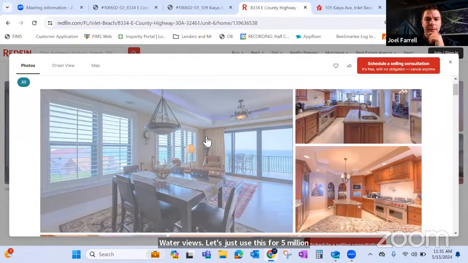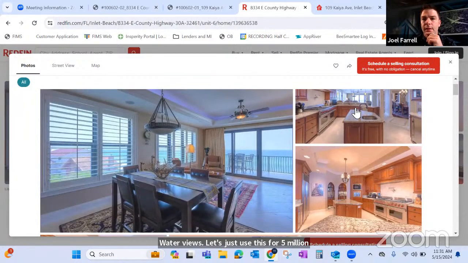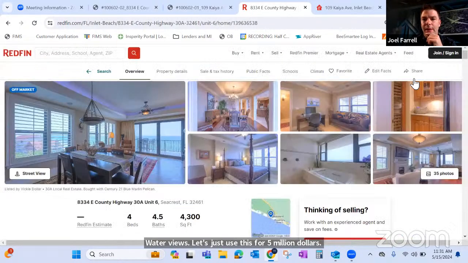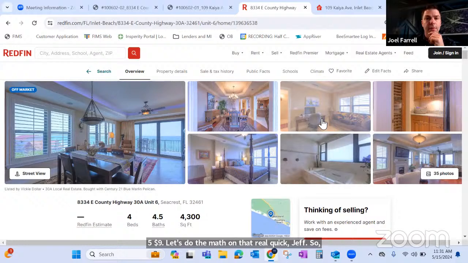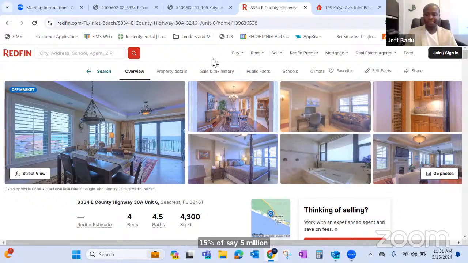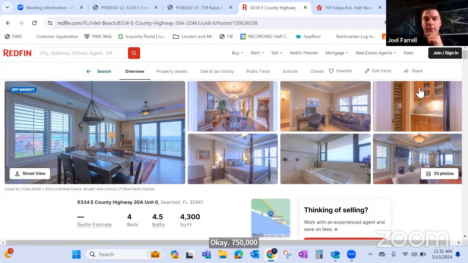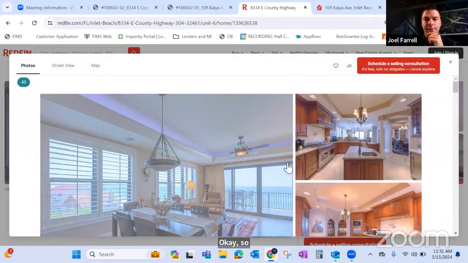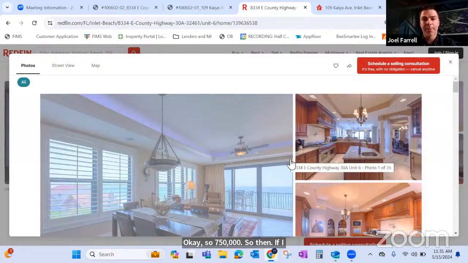So we got a beach property, $5 million. Let's do the math on that real quick, Jeff. 15% of, say, 5 million. 750,000. Okay. So 750,000.